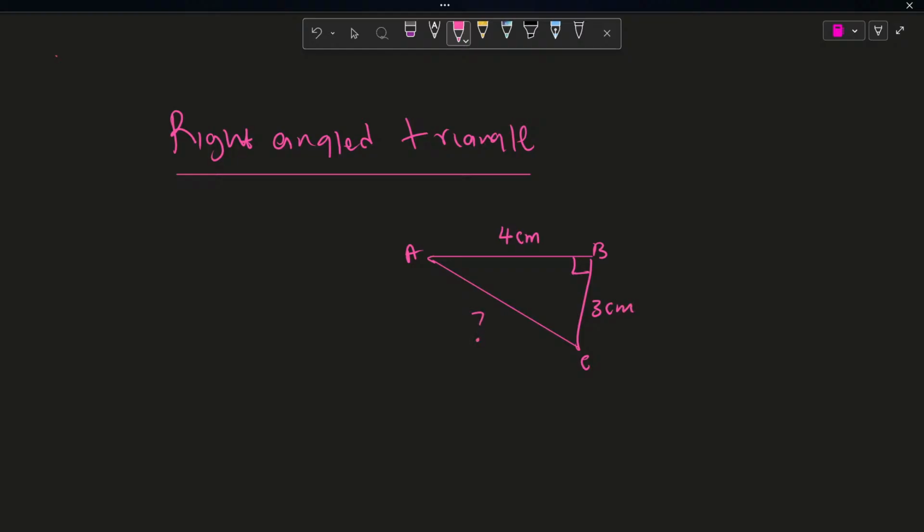Now we are asked to find the length of AC. How do we find the length of AC?